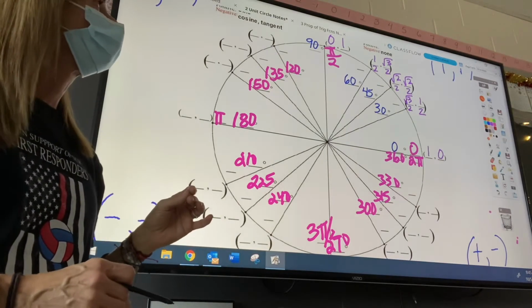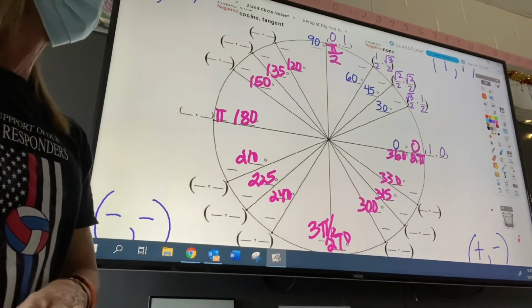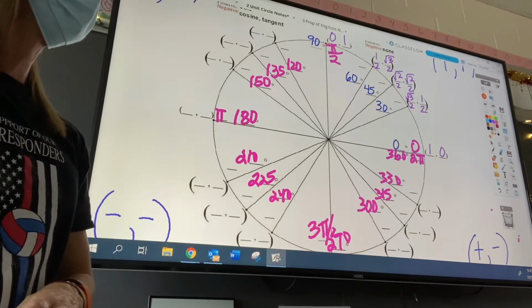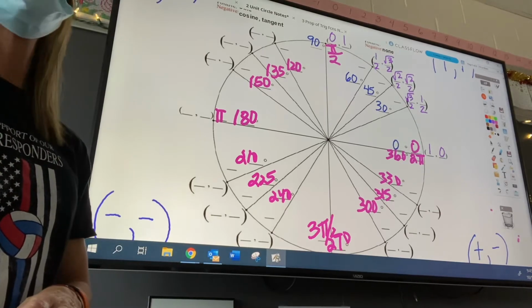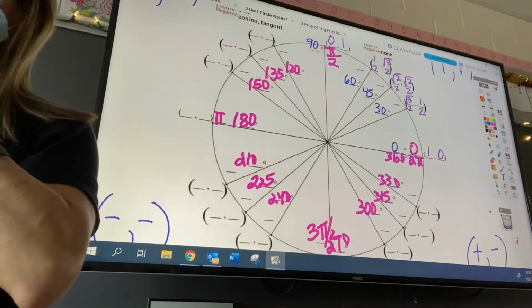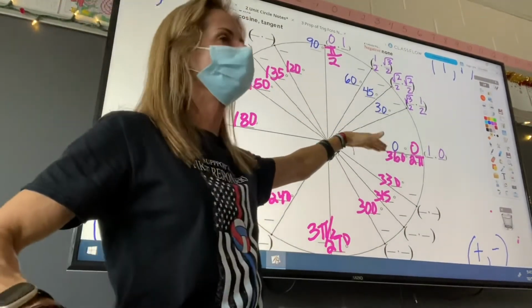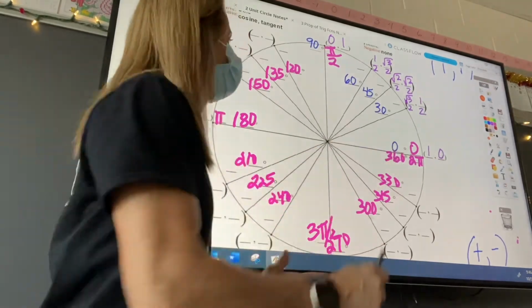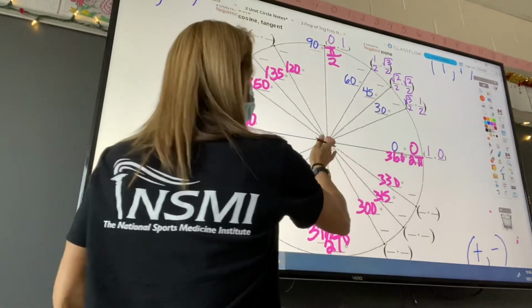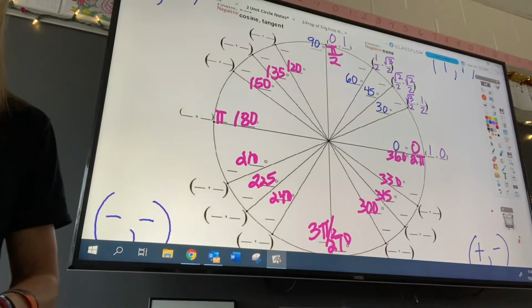Now, we don't have to do these numbers in any particular order, but I'll start with sixths. If I take this half circle and break it up into sixths, I'm going to use a different color. I'll use black.